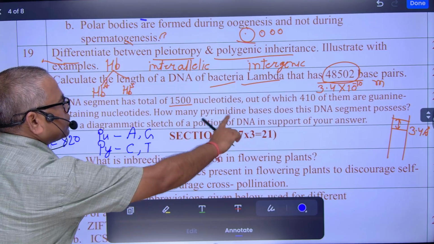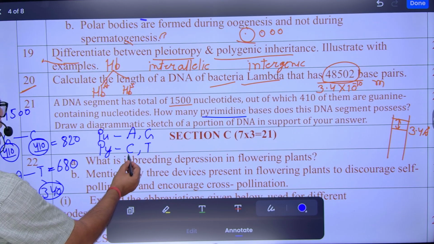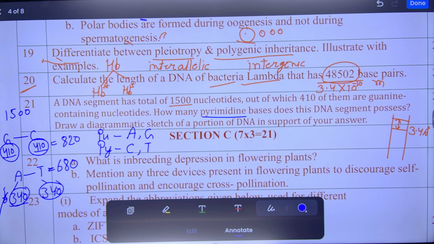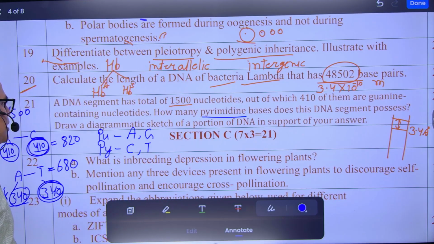So if the question is only related to pyrimidine, we have to count only cytosine and thymine. How many cytosine? 410. How many thymine? 340. So 410 and 340 comes to 750. So there are 750 pyrimidine bases.